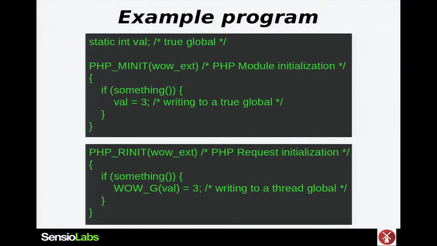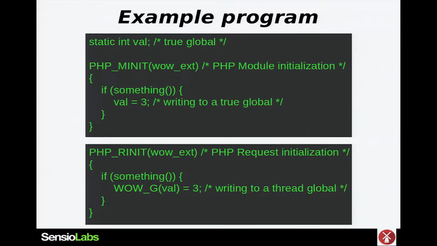In the bottom example, it's different because we are in what we call RINIT, which is initialization of the requests. So here, PHP is actually about to treat a request, so the interpreter could live in a thread at that step. So here, you are not allowed to access your true global variable like the static int val we have above. You can't access it like this because it's going to blow up in your face.